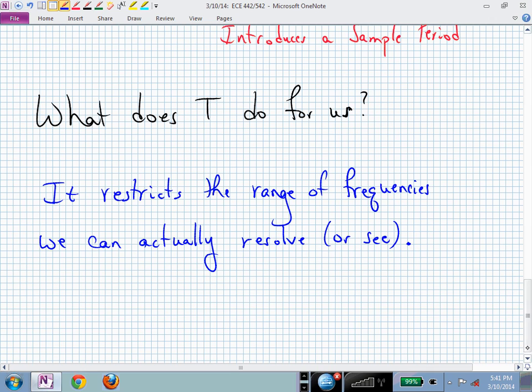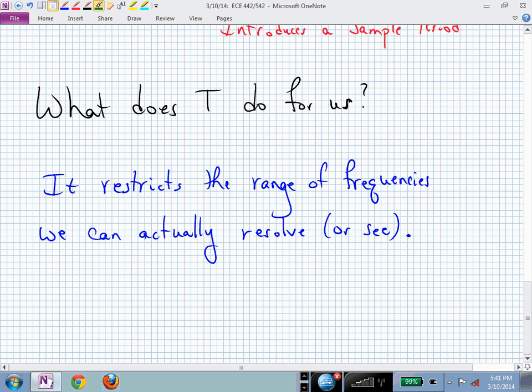And to see that, we have to remember Nyquist. If we think of the Nyquist frequency as omega sub n, I might actually write that as omega sub h for the highest frequency that we can actually look at, is half the sampling frequency.